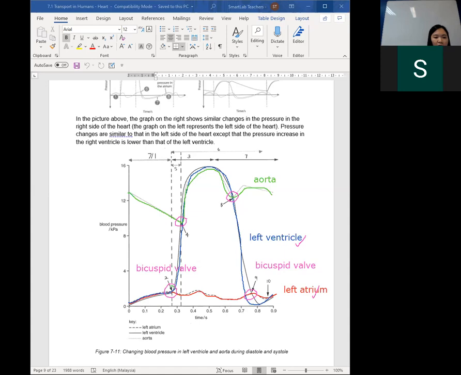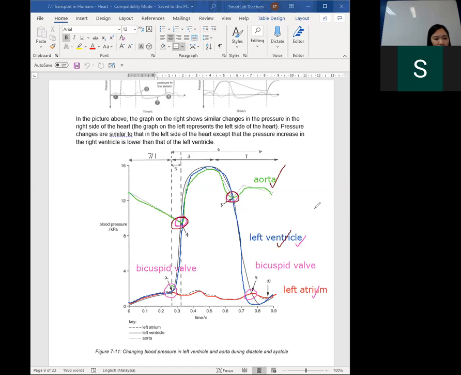Okay, and let's change another color. For this and this, it is an intersection between the aorta and left ventricle.